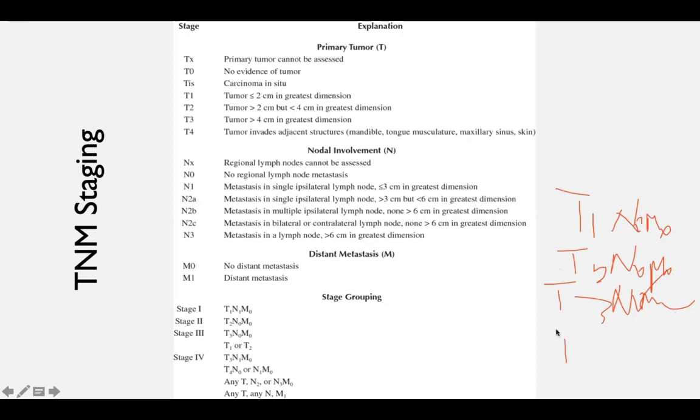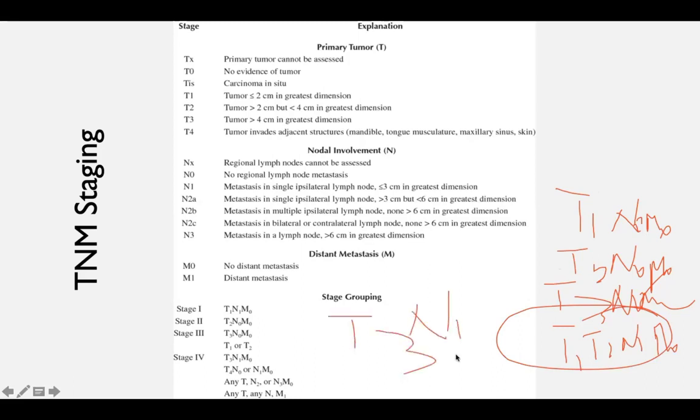Or maybe T1 or T2 with N1 and M0 is also stage 3. This is the extent. But then T3 with N1, or T4 with N0, or T2 with N2, when the lymph nodes are more enlarged, then it is stage 4, with the last being M1.